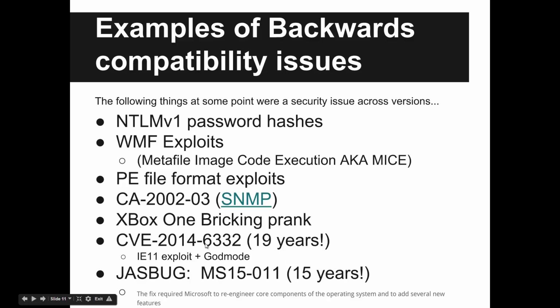Next is the JASBug or Jasberg vulnerability that was active for 15 years, where the prior one was 19 years across Windows platforms. This one was more core to the Windows OS itself. It required Microsoft to re-engineer several key components of the operating system and to add new features in order to fix this.